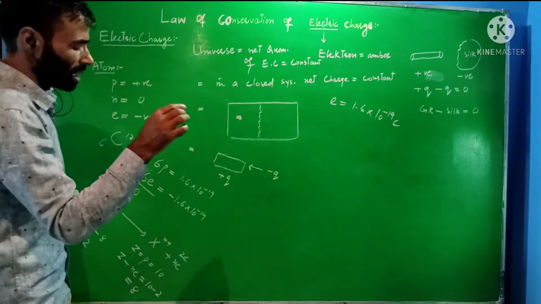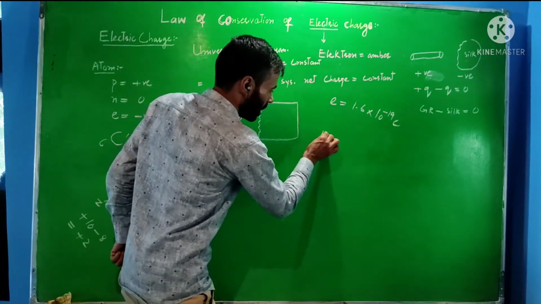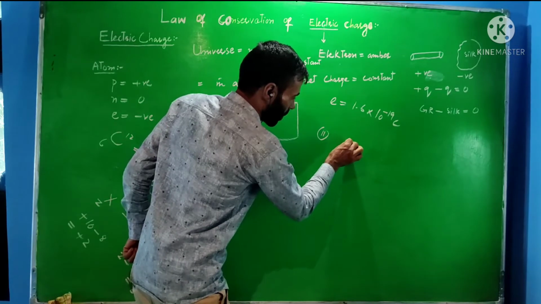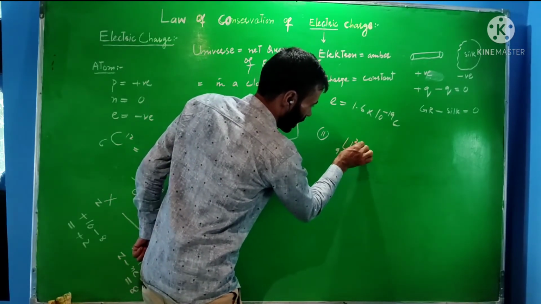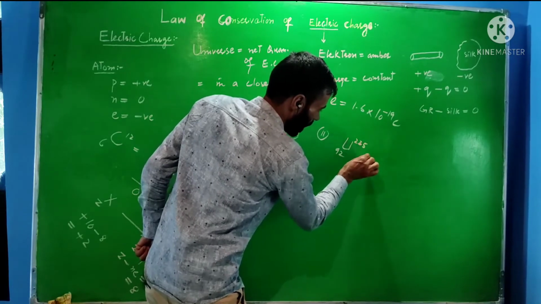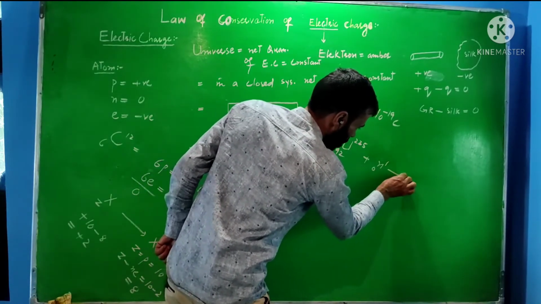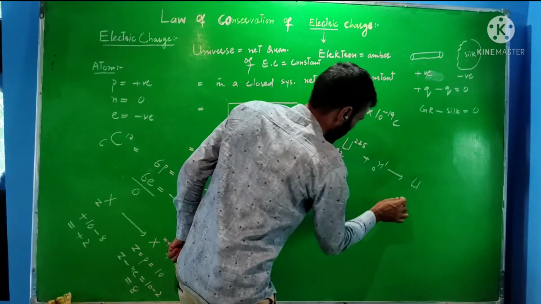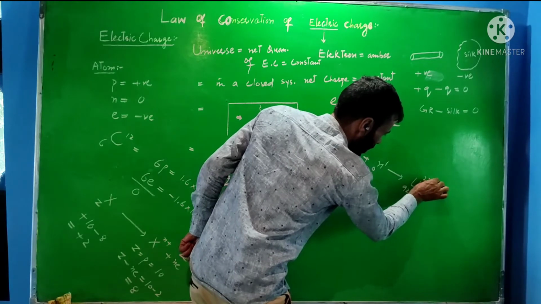Now I will take some nuclear reactions as examples. This is a nuclear fission reaction: uranium-92, with mass number 235, when bombarded with a neutron, first gets converted into uranium-92, 236.